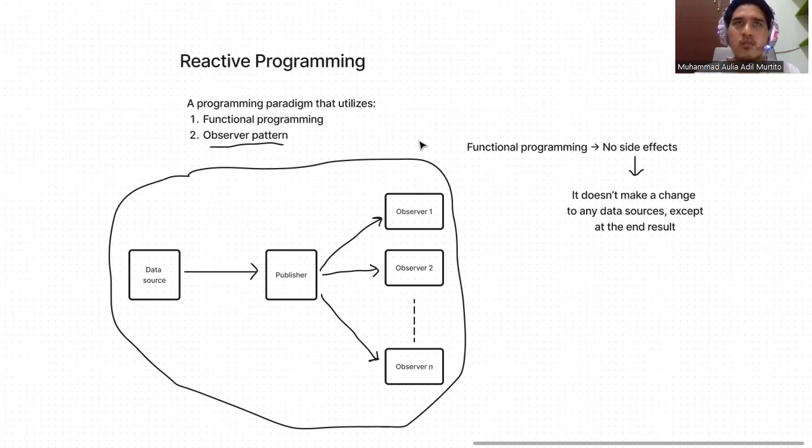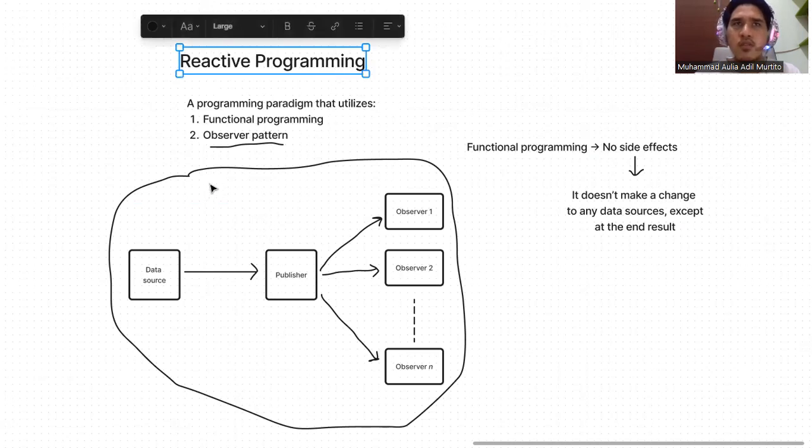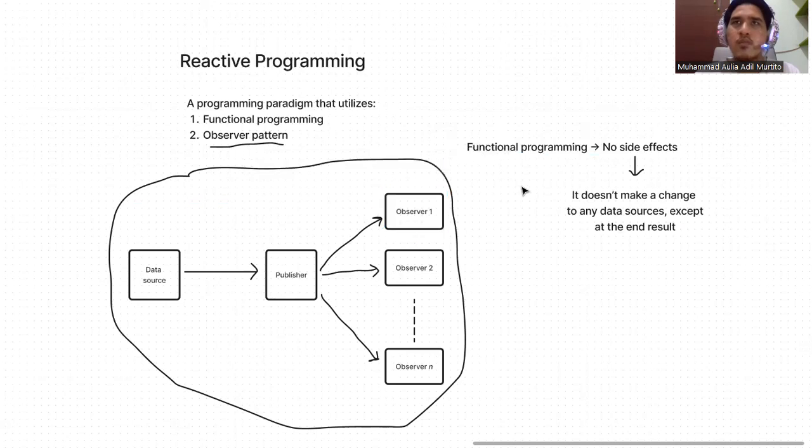That's how the researchers or the engineers combine it. So this is how reactive programming works: the observer pattern, and then each observer implements functional programming.